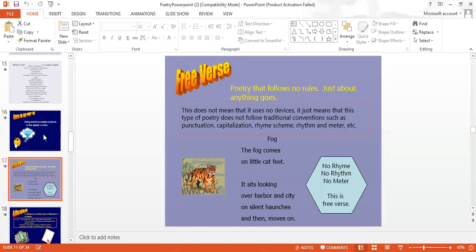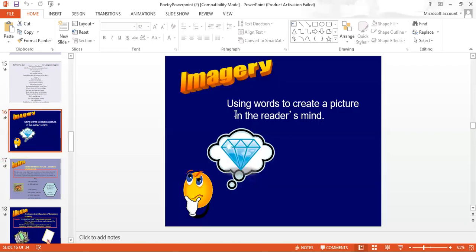Maybe before we move on, you can try to create imageries in your mind that describe something. Any descriptive language that is trying to describe, for you to create a picture in your mind, is what we refer to as imagery.